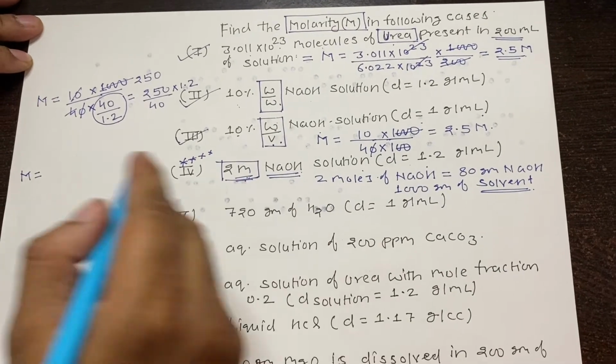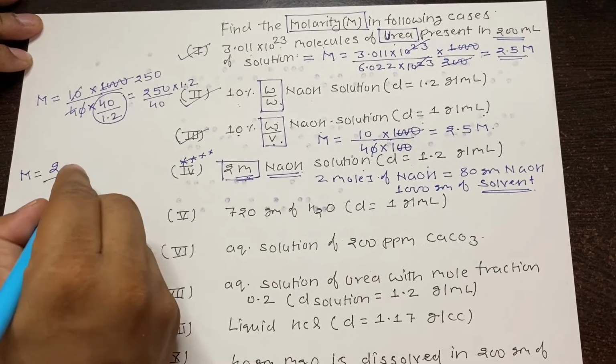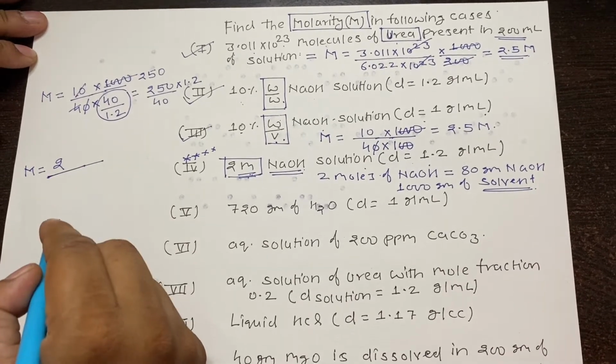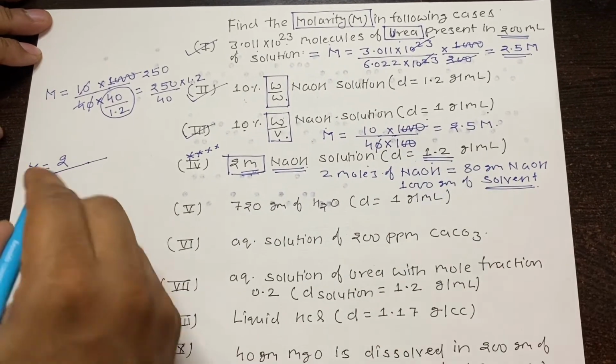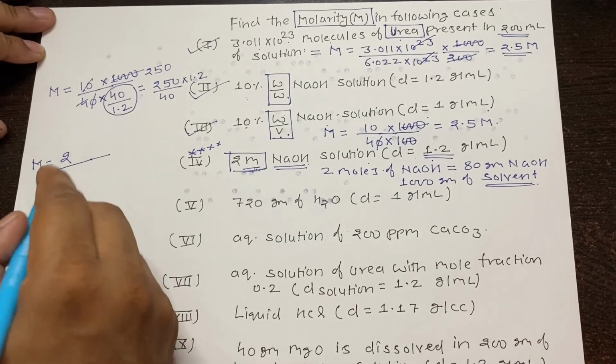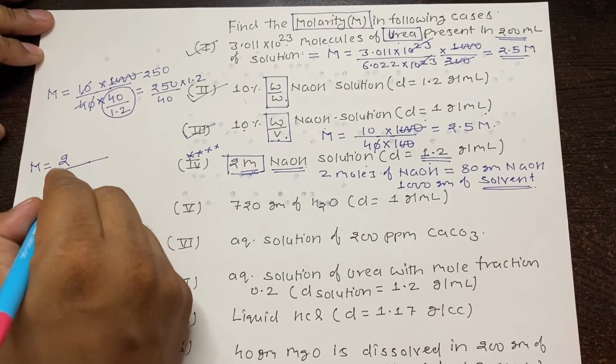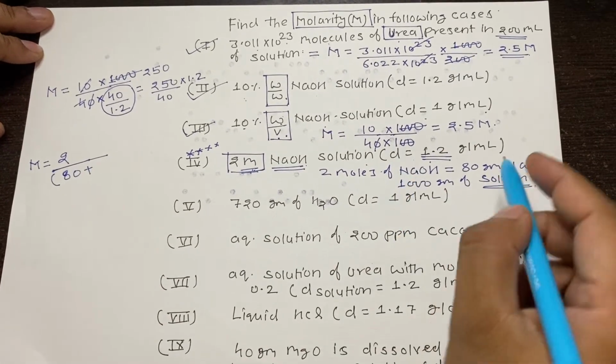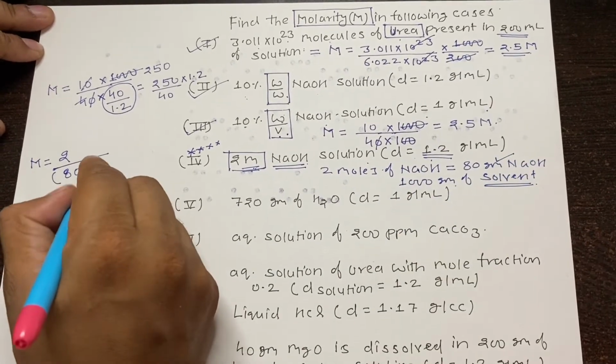It is to be noted that it is the mass of solvent. So the molarity will be equal to 2 moles of NaOH divided by the volume of solution, which is required. The density of solution is given, so first we will calculate the mass of solution. That will be equal to 80 gram, the mass of solute which is NaOH, plus the mass of solvent, 1000 gram.